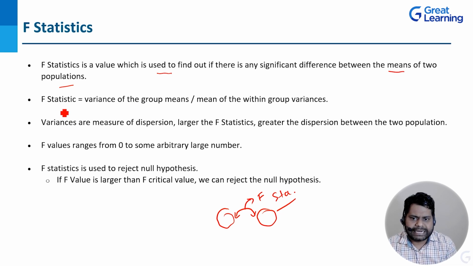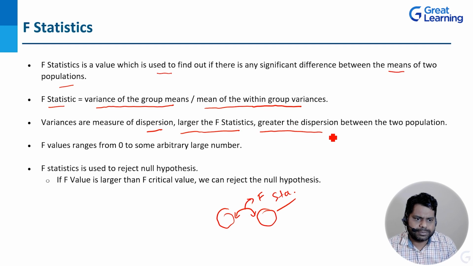So what is the formula for that? F statistic equals the variance of the group means divided by the mean of the within-group variances. What is variance? Variances are measures of dispersion. The larger the F statistic, the greater the dispersion between the two populations.